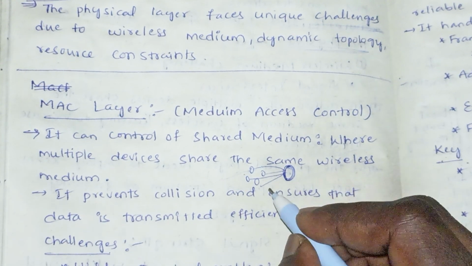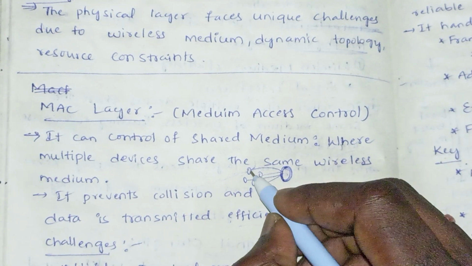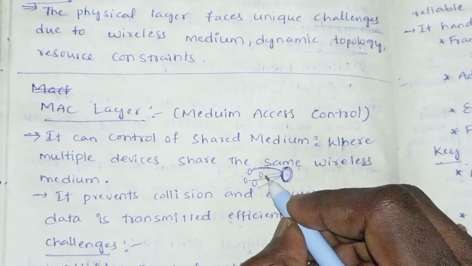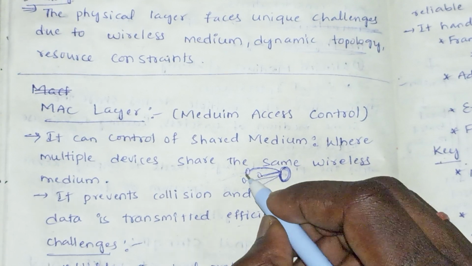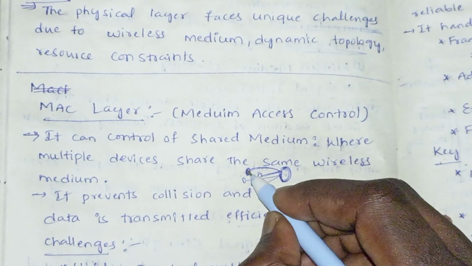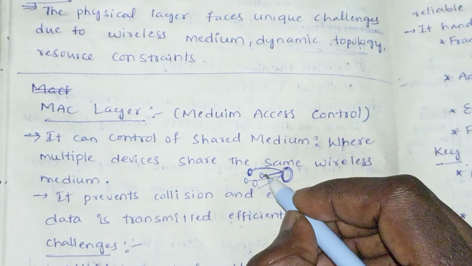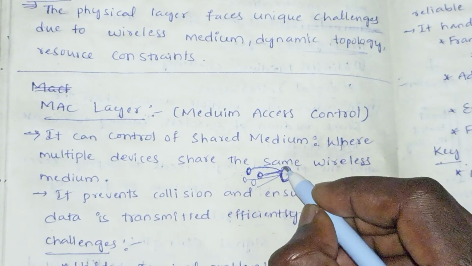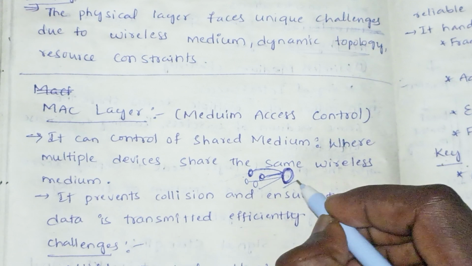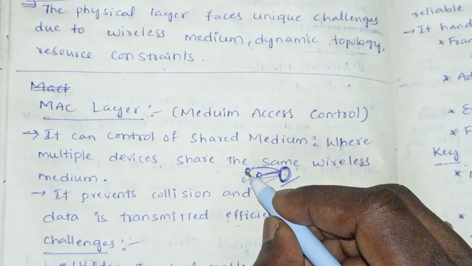So what will the MAC layer do? The MAC layer is going to prevent collision between one device and another device. For example, this device is sharing some data and that device is sharing some data on the same wireless medium. This same medium may have a chance of collision, right?